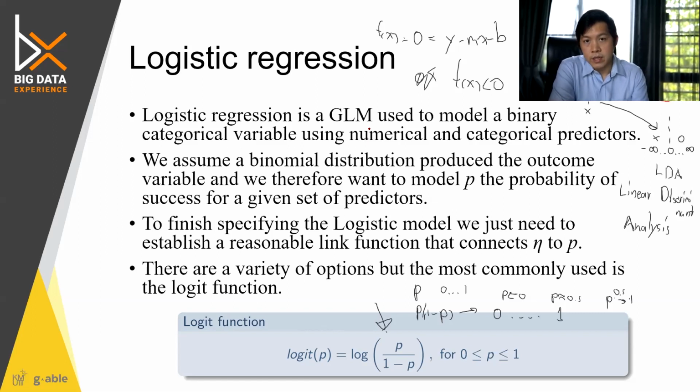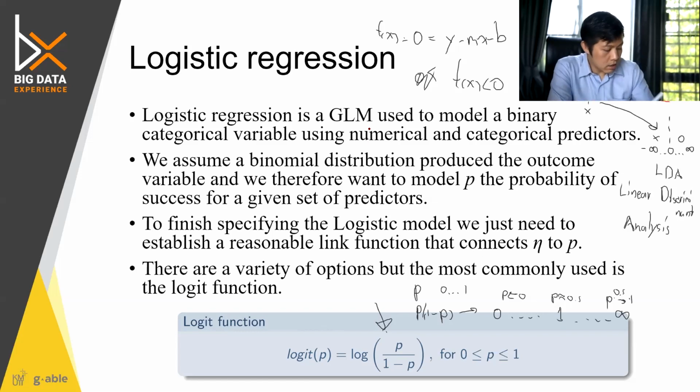If the numerator has a value less than 0.5, then you have a value less than 1. Once the value of p is more than 0.5, from this point on, you can have a value as high as infinity. So the odd value looks like this. It's distributed this way.